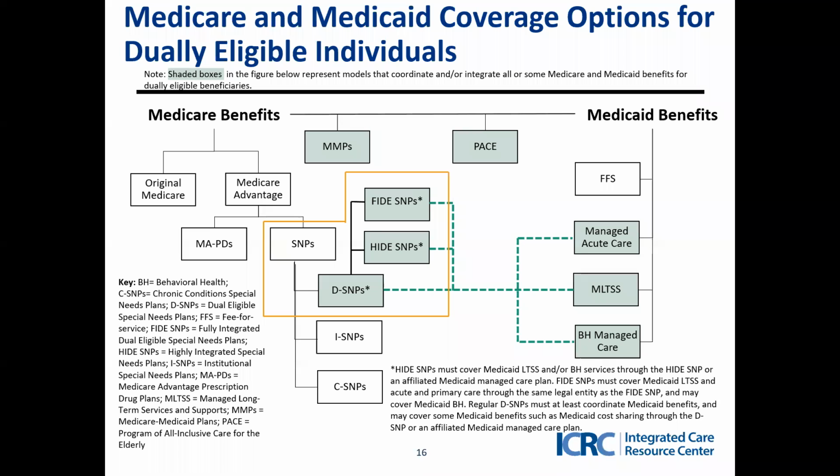D-SNPs, on the other hand, must always have two contracts, one with CMS and one with the state, which we will go into further detail later on in the presentation. We're not going to be talking about MMPs or PACE today, but for more information on those programs, we have several resources on our ICRC website. Next slide, please.